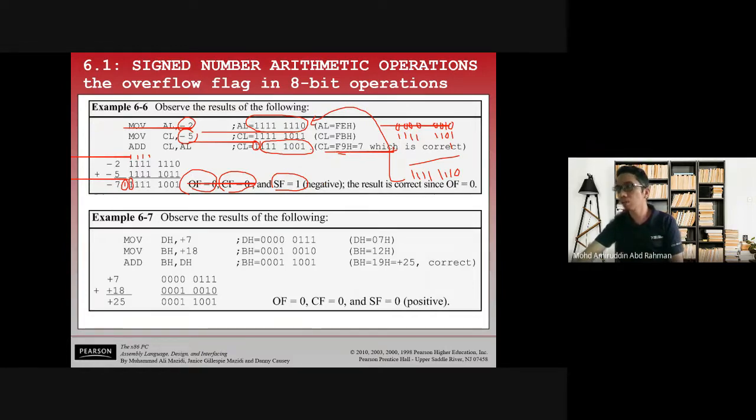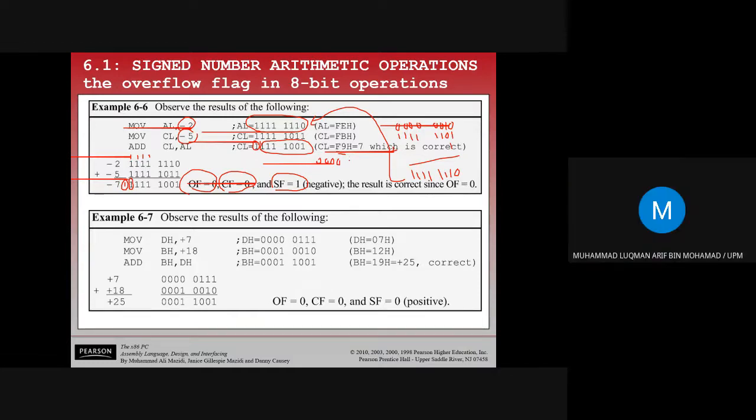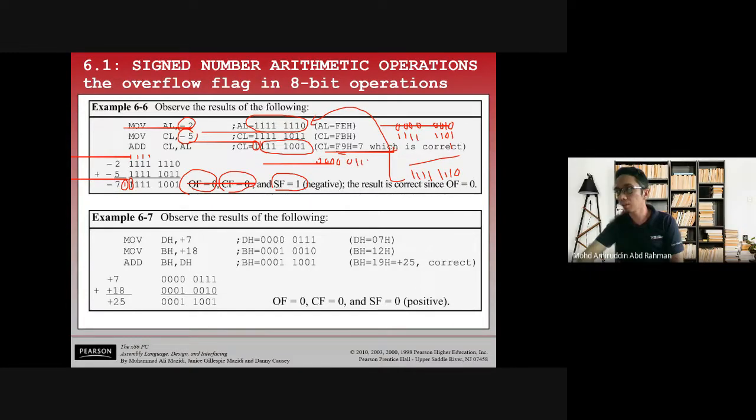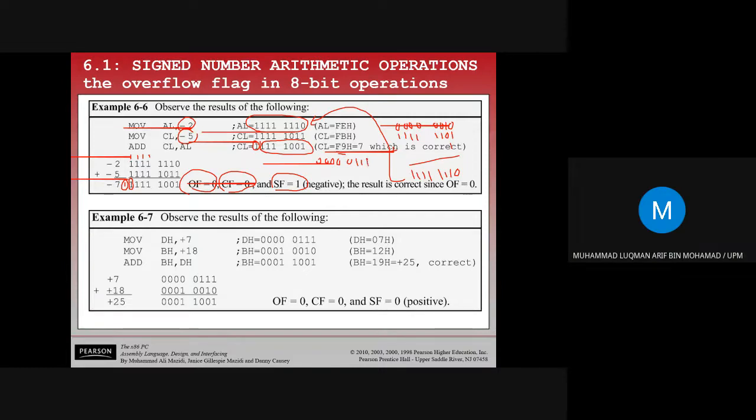If it is 7, it should be 0, 0, 0, 0, and then 0111. Is it right? 0, 1, 1, 1.